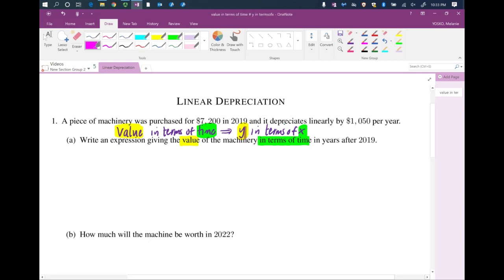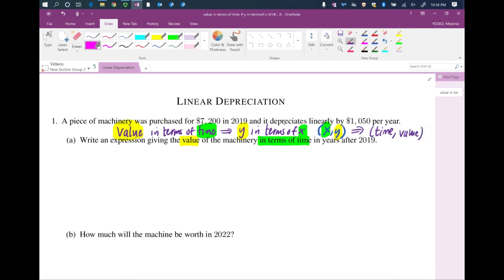When we're looking at this, y in terms of x, we could write that as points, right? Our points usually go x, comma, y. So the y is value. The x is what? Time. So the x coordinate, the input, will be time, and the output will be value.